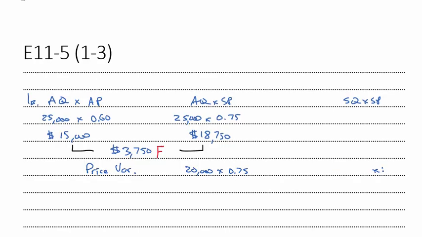And then the standard quantity, standard price, we know standard price is going to be 0.75. Standard quantity, turns out we produced 4,200 toys, and the standard quantity per toy is 8 microns per toy, right? So 4,200 times 8 works out to 33,600, times 0.75 is 25,200, and then 20,000 times 0.75 is 15,000.